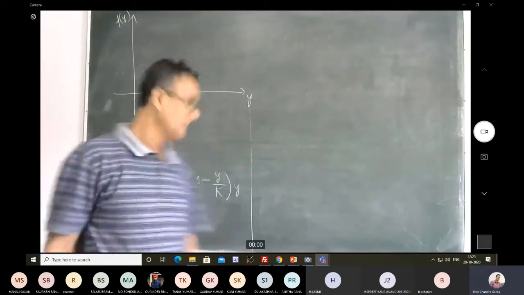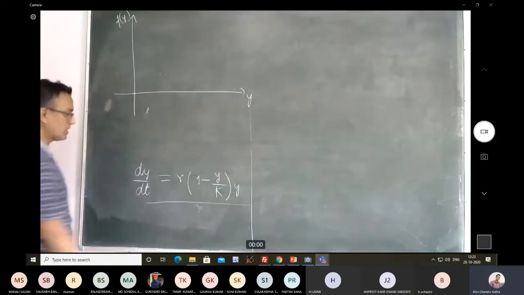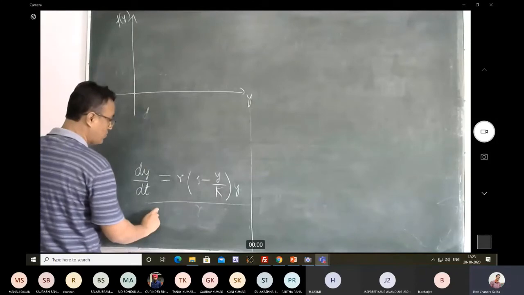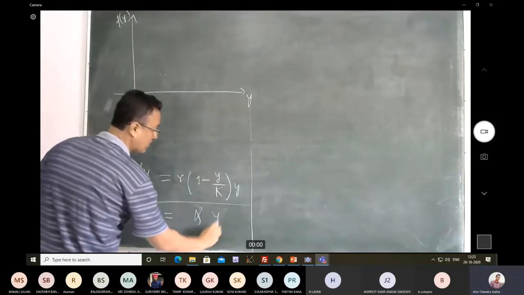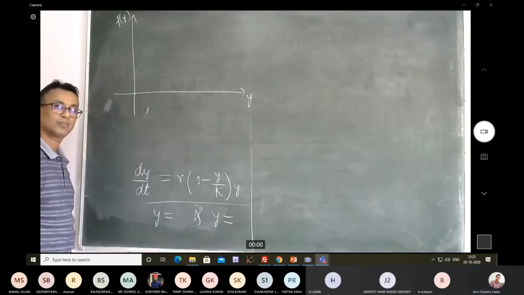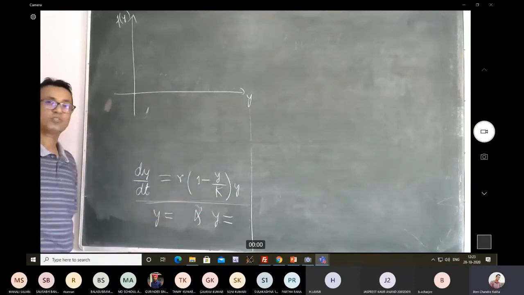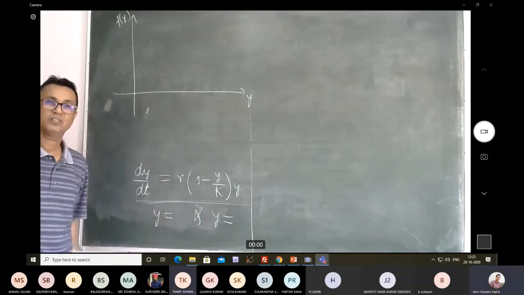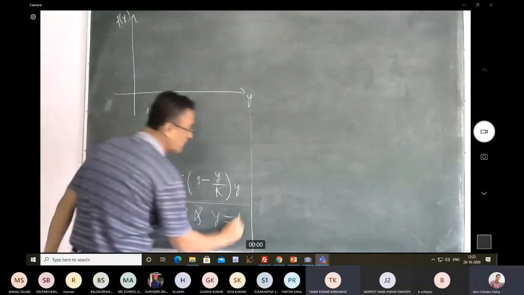The constant solutions from this equation are y equal to 0 and y equal to k.